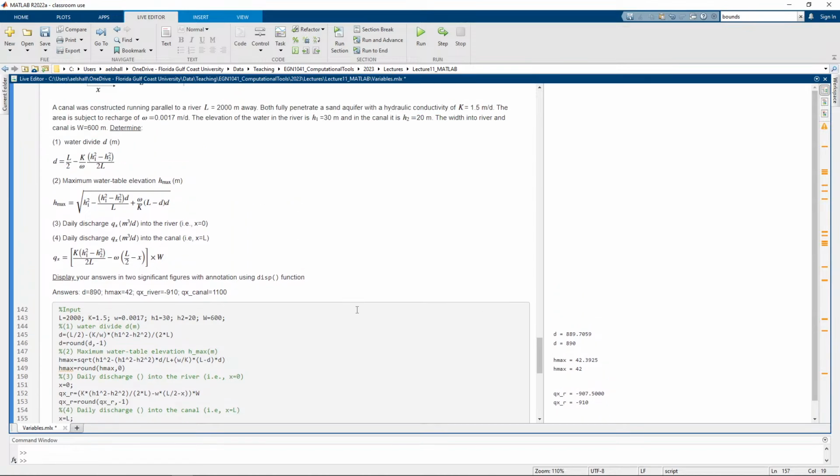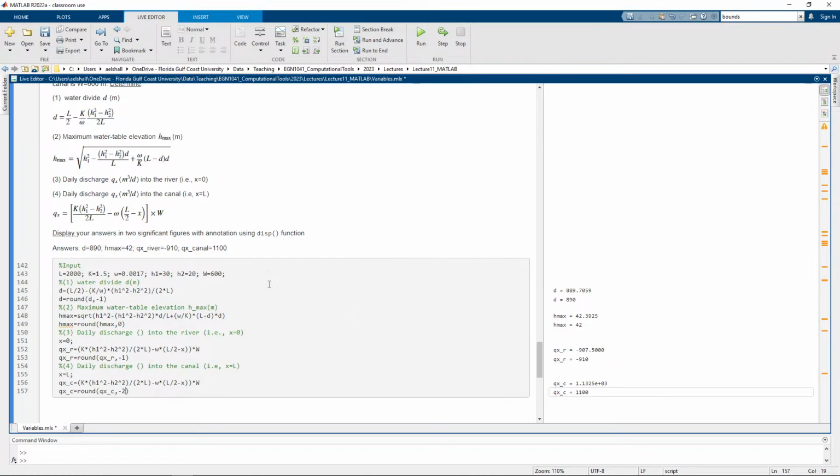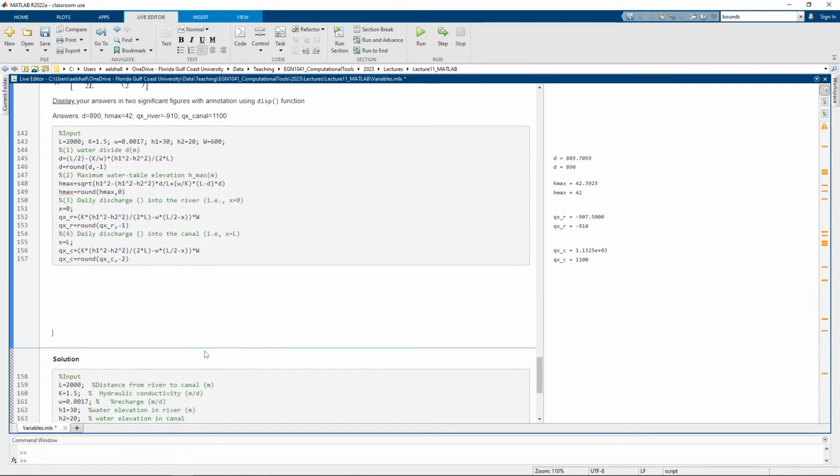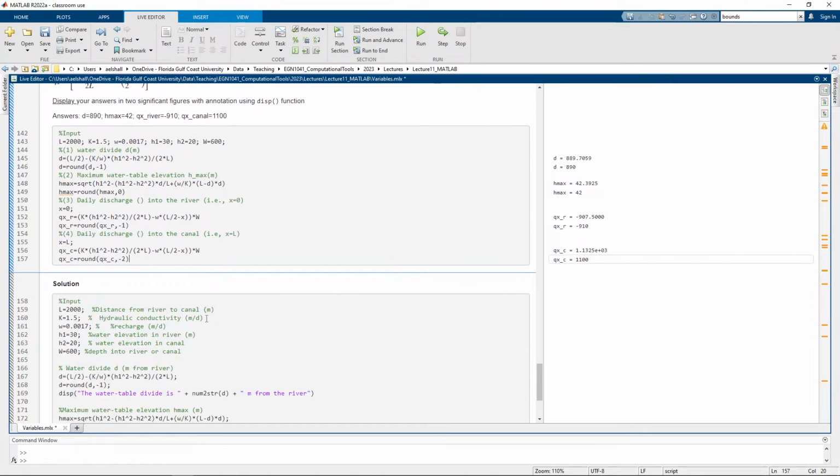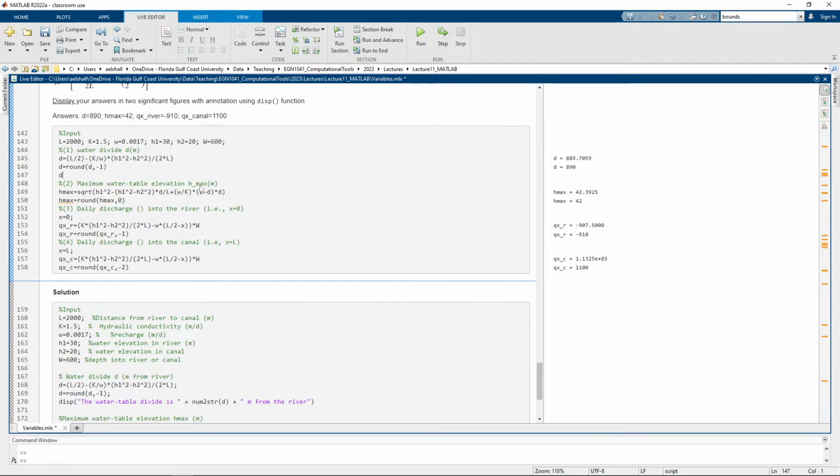Now that's not it. We still have one more to do, which is display. Use the display function to describe whatever you are doing, so that the reader will have a better output. So I can say here display, and then I could write the water table divide is here.